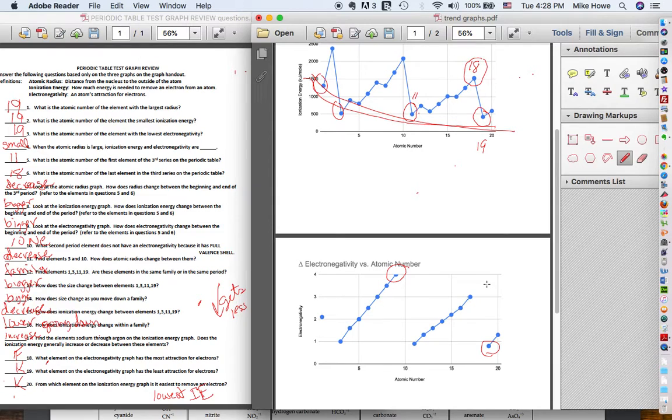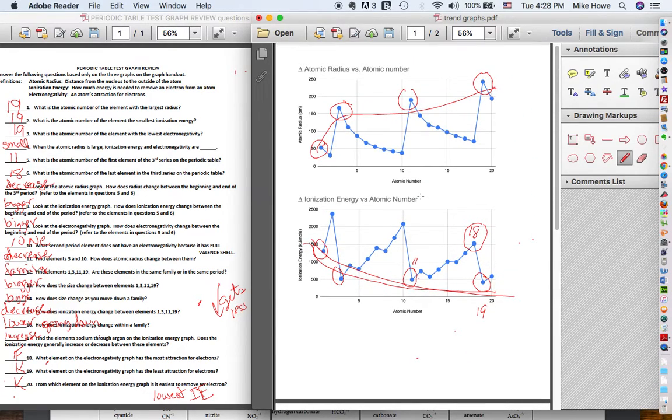Here's number 1, 3, 11, and 19. So see, electronegativity is decreasing also as the atoms get bigger. So they're opposites. As atomic radius gets smaller, both the ionization energy and the electronegativity increase.